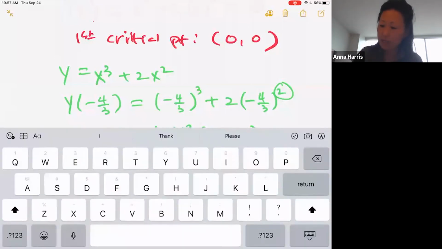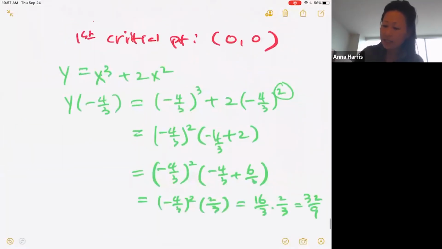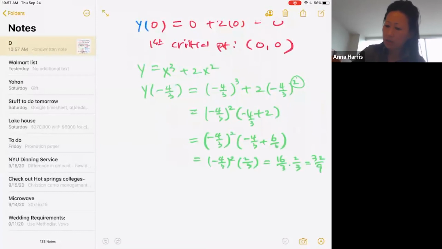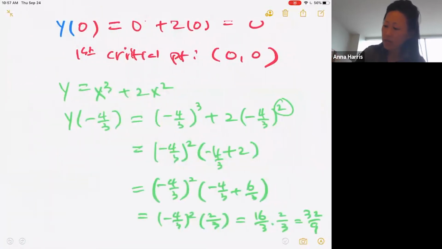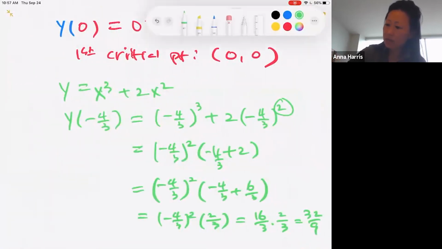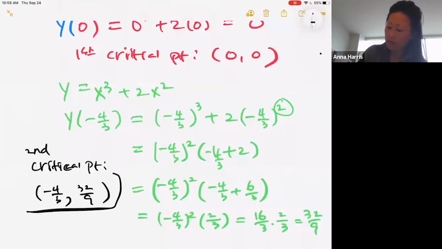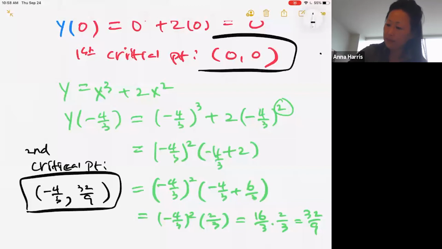That's my y value. So my second critical point is negative 4/3 and 32/9.